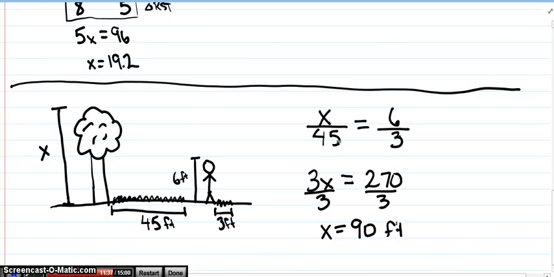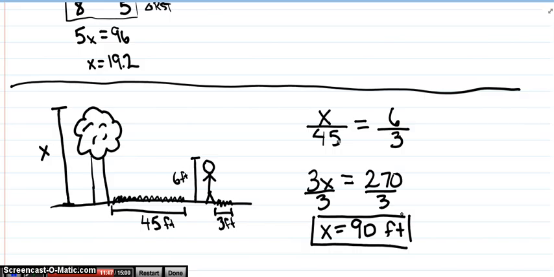Feet. So that tree is 90 feet. You can do that with buildings, trees, anything that casts a shadow. As long as you know your height and can measure your shadow, you can find the height of very tall buildings if you feel like measuring how long the shadow is. Or just anything. Because shadow is going to be proportional to its height.